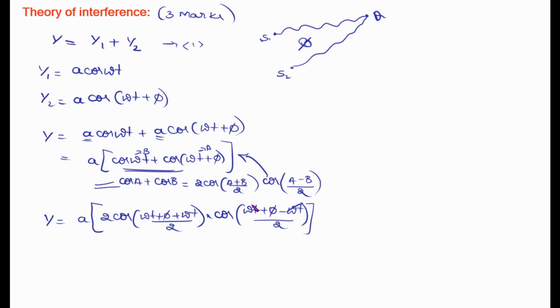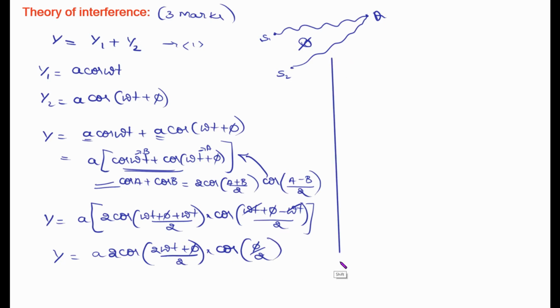Okay, here this cancels and you will have y is equal to a into 2 cos of (2 omega t plus pi) divided by 2 into cos of pi by 2. I will rearrange and write that equation.